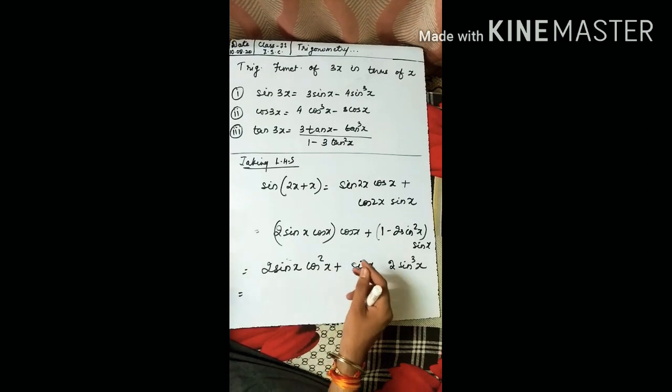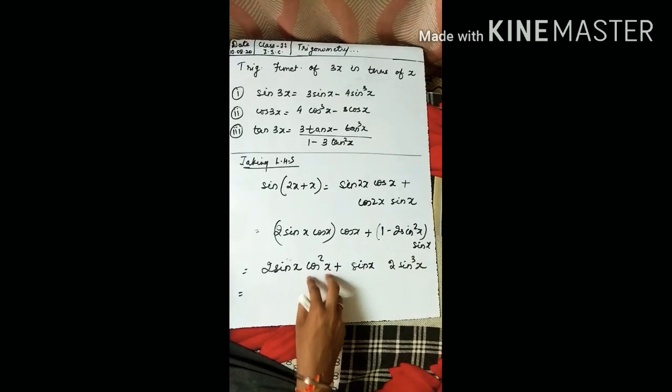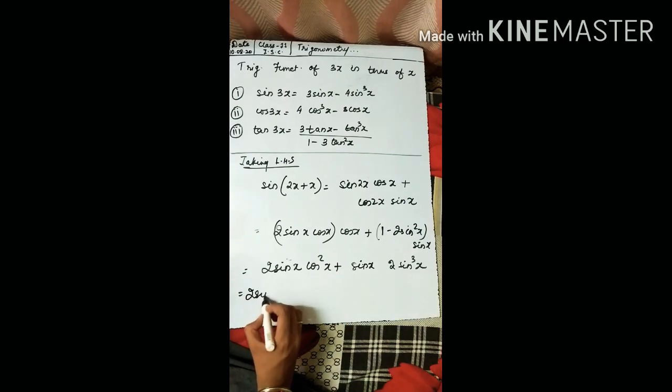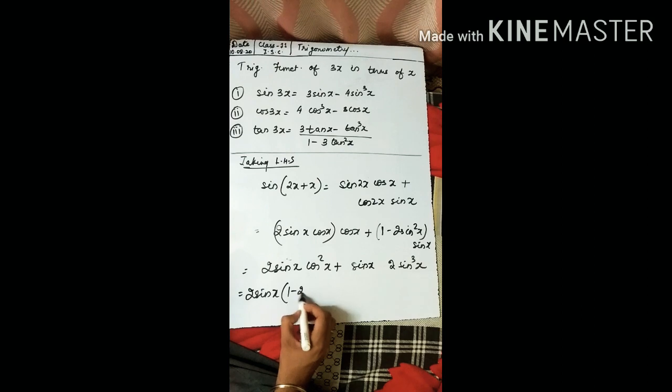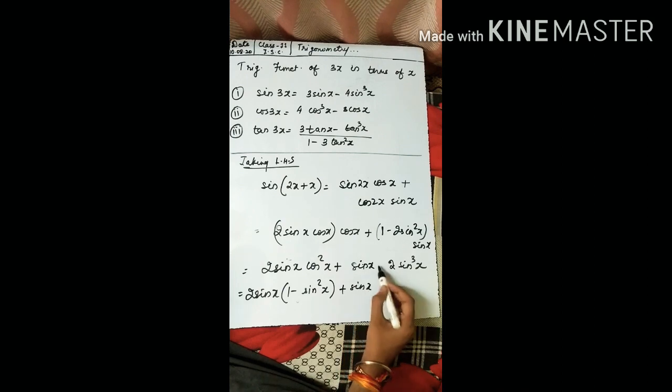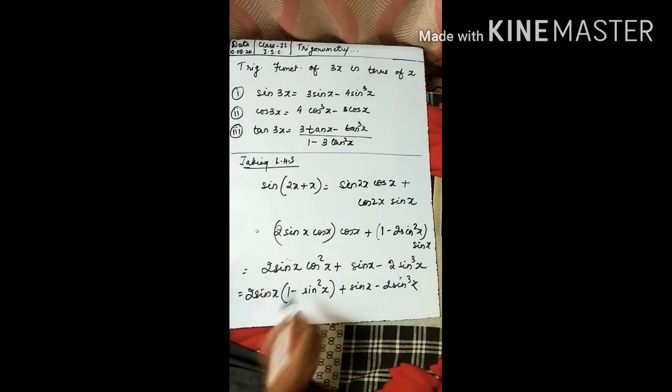So by the identity we know cos square x is 1 minus sine square x. Just write it: 2 sine x times 1 minus sine square x plus sine x. Here minus is there. Now multiply 2 sine x inside.